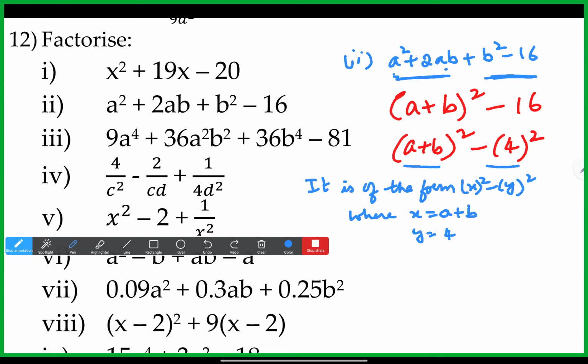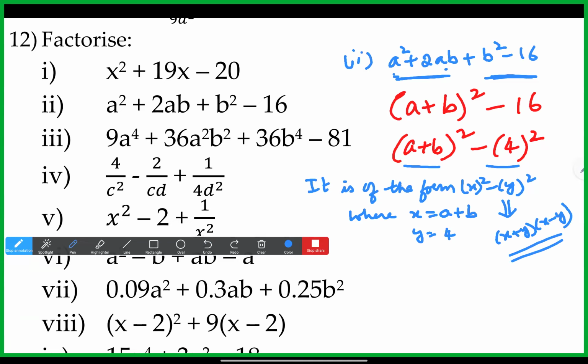So this answer, x plus y into x minus y. What is x square minus y square, Maisha? Sir, it's x plus y into x minus y. So x is a plus b and y is 4.